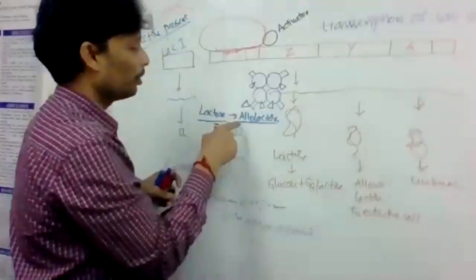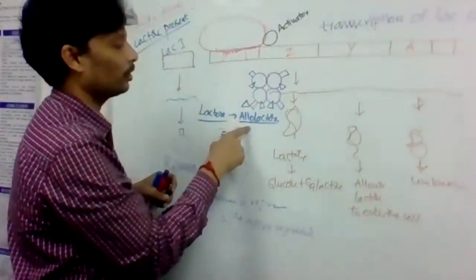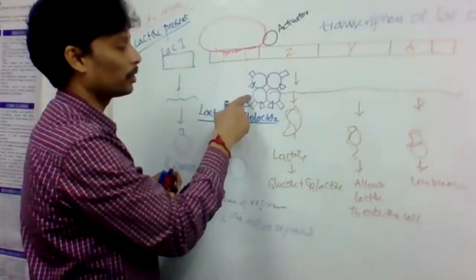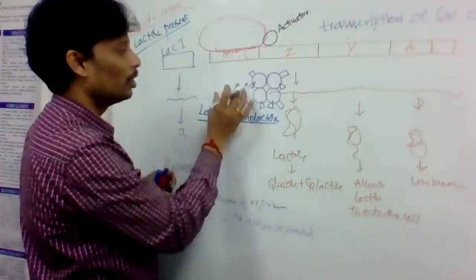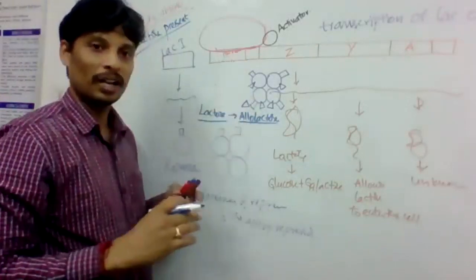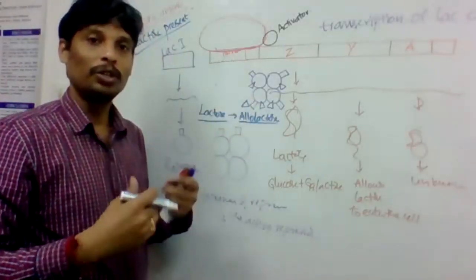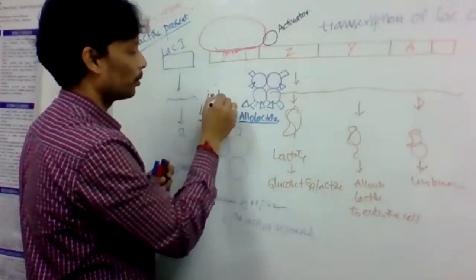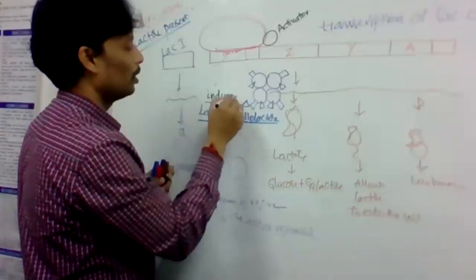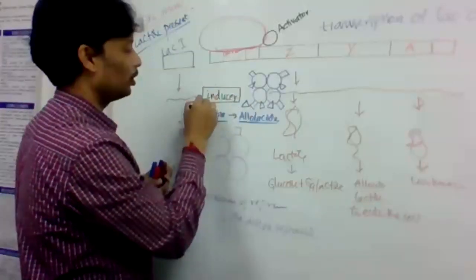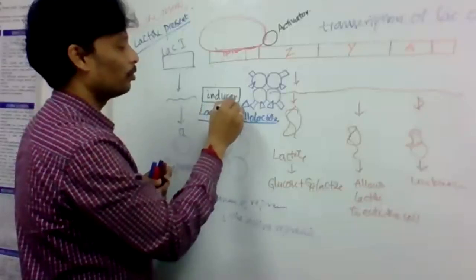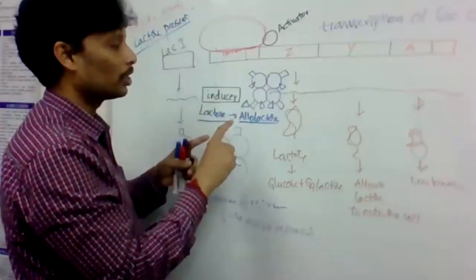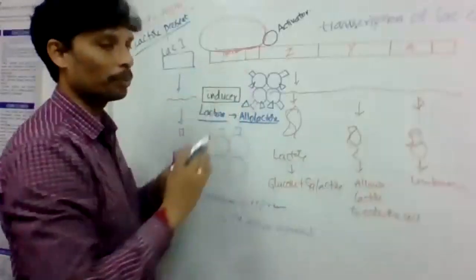Why do we call the allolactose molecule an inducer? Because allolactose binds to the repressor molecule to detach it, which initiates transcription again, so it is inducing. So allolactose is called an inducer, and this kind of regulation is called inducible negative regulation. Negative regulation is when the repressor blocks and unblocks the promoter.